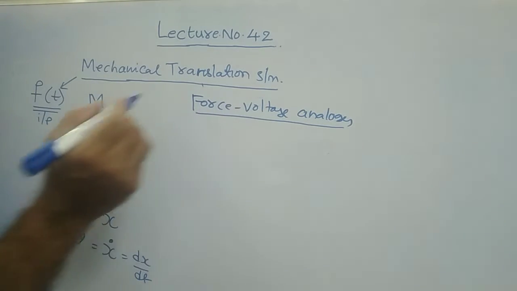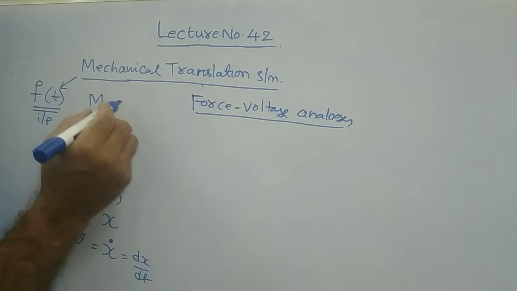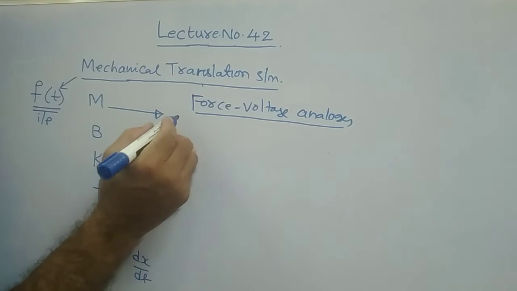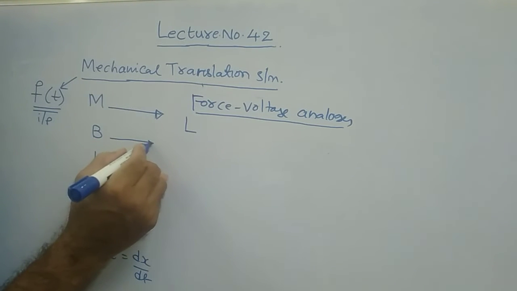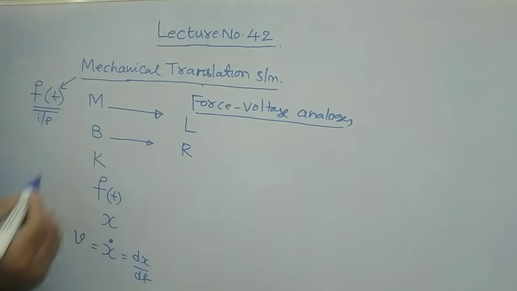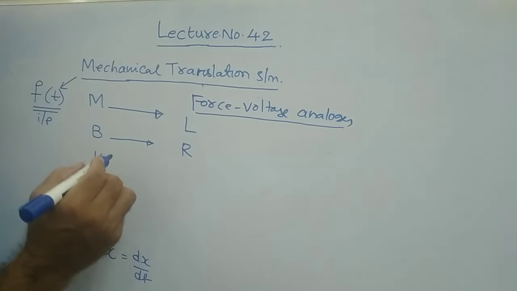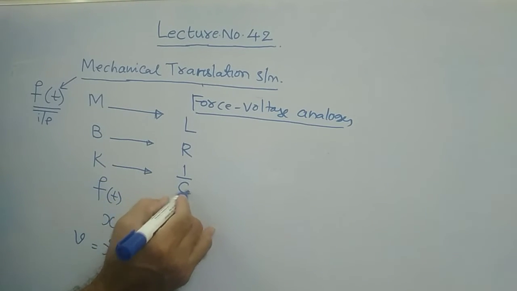So in force voltage analogy, remember that your mass element M is converted to L, inductance, and your B is converted to resistance R. The mechanical element B is equivalent to the electrical resistor, and K is equal to 1 by C.